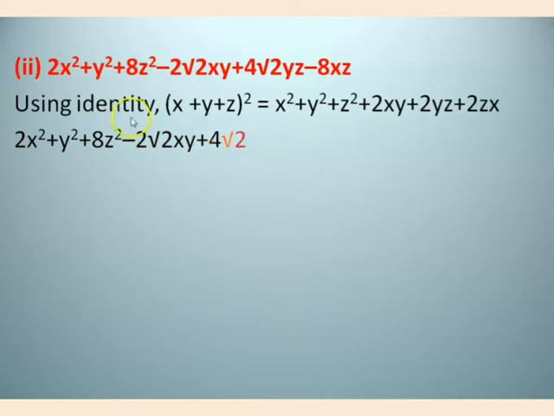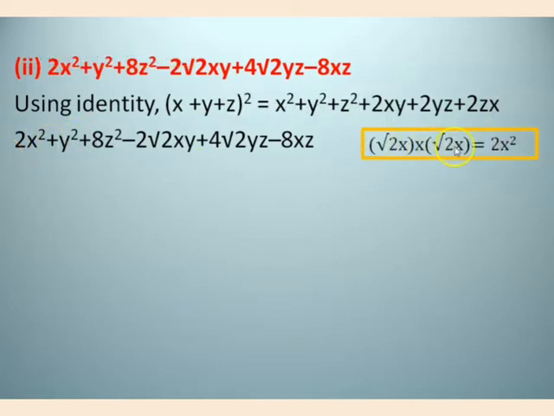Now, in the last problem we had 4x squared. So we wrote that as 2 squared. But here you have 2. How can we write the 2 in squared form? If we write 2 squared, it will become 4. So how could we write the 2 term in square form?